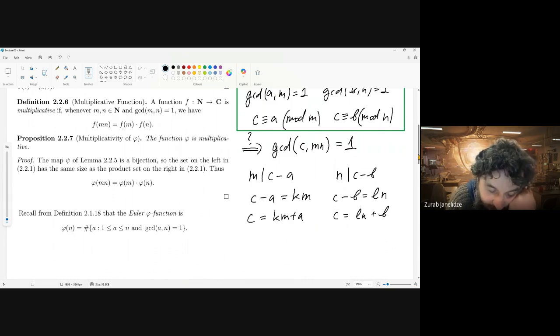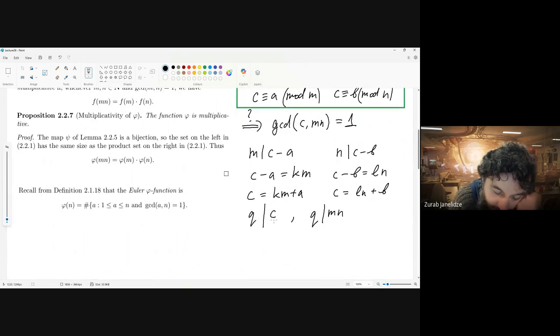Now the claim is that the GCD of C and Mn must be 1. So let's say, again, as before, there is some Q, but I've changed the names of variables, but hope that's fine for you. Let's say there is some Q that divides both C, and Q also divides Mn, right?